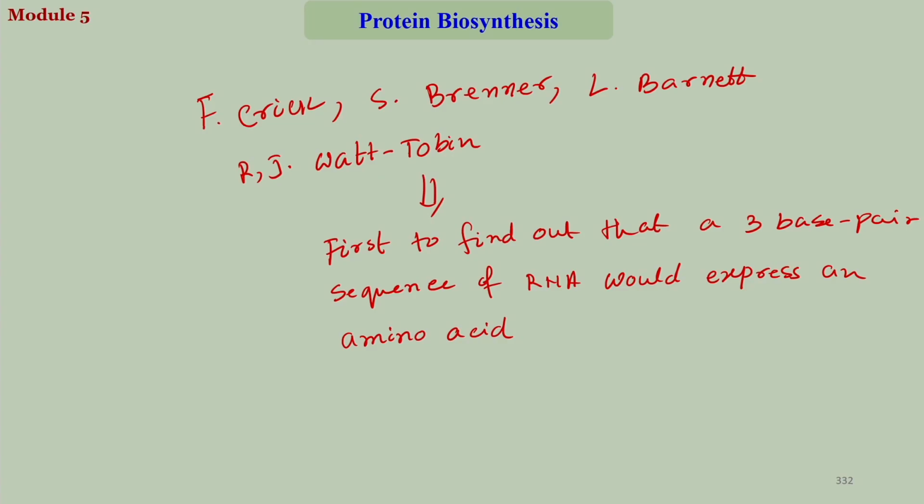Subsequently another experiment was done. So, that was the first experiment that talked about the codon.